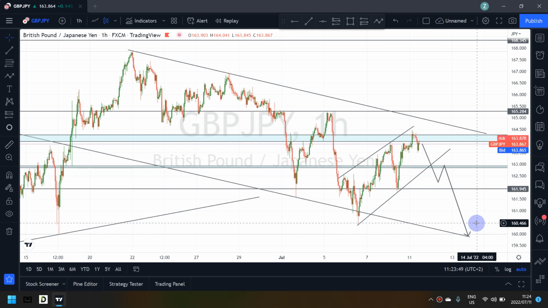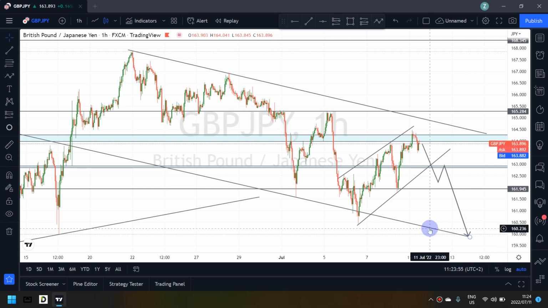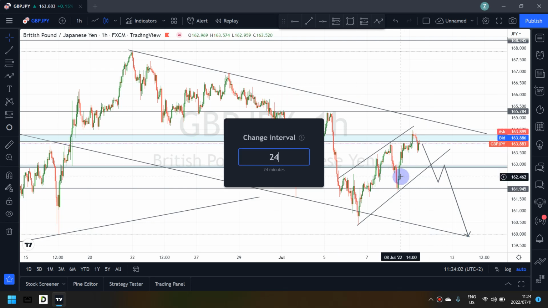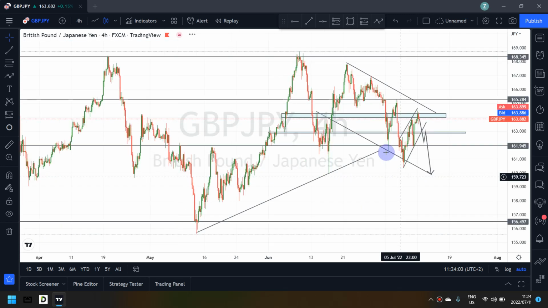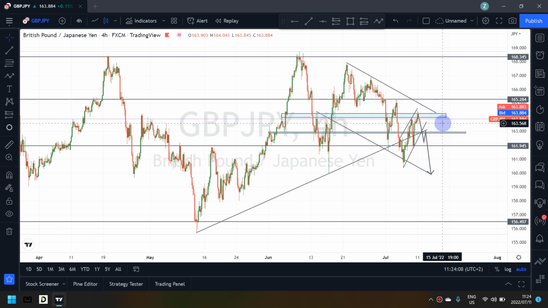right? And the take profit would be a touch of the support trend line of the bearish trend, right? And also it would be a breakout of the large bullish trend.